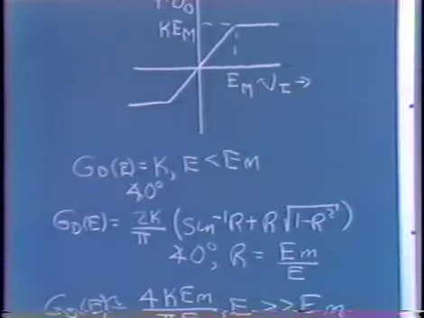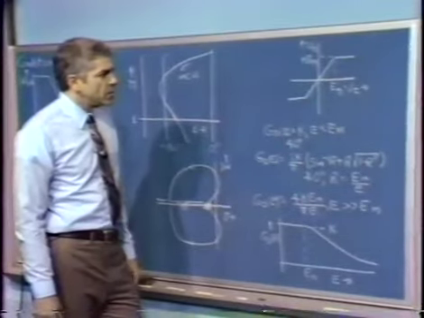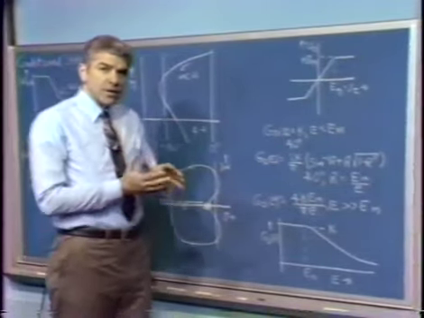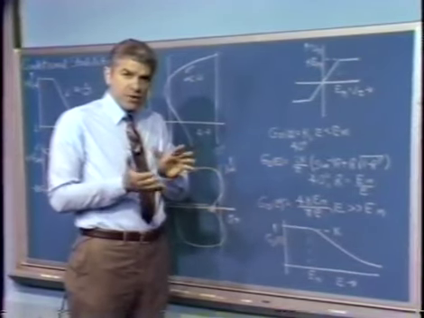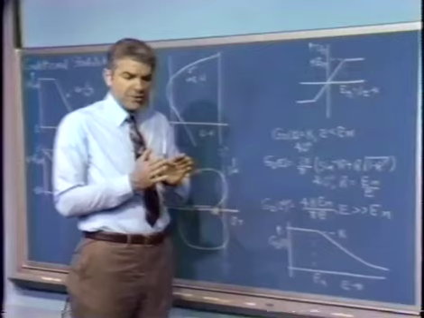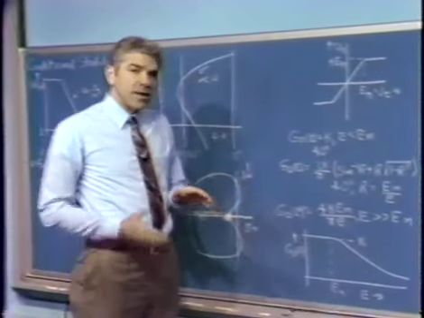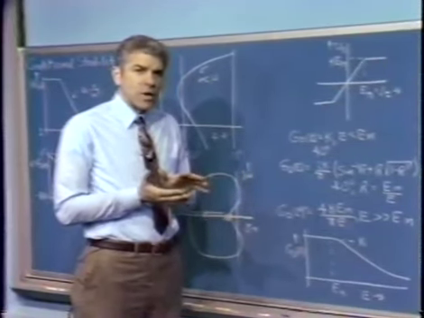We can also look at what happens for very, very large input voltages. Under those conditions, the output is very, very nearly a square wave. The large input test signal sweeps the nonlinearity through its linear region over a very small fractional range of input voltages. The output is almost a square wave.